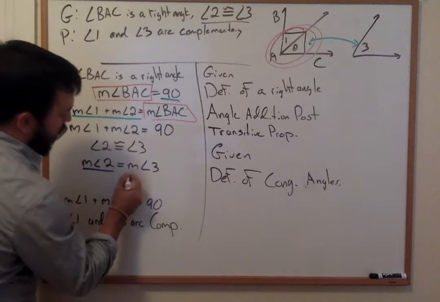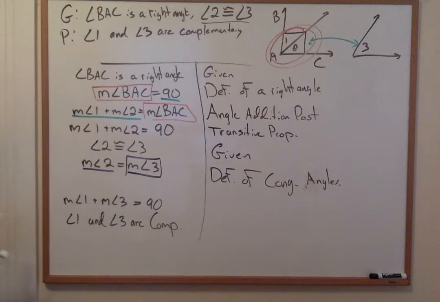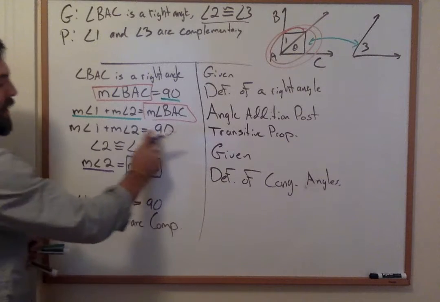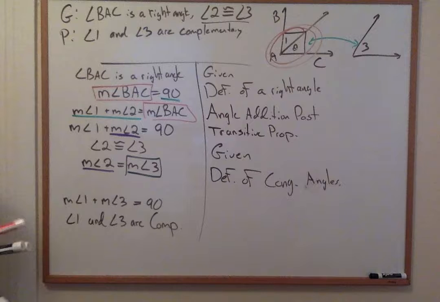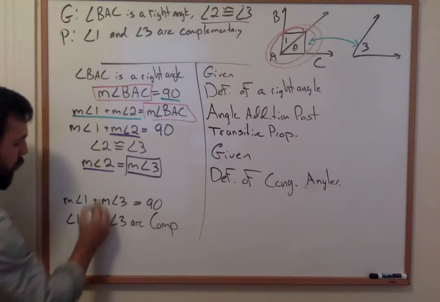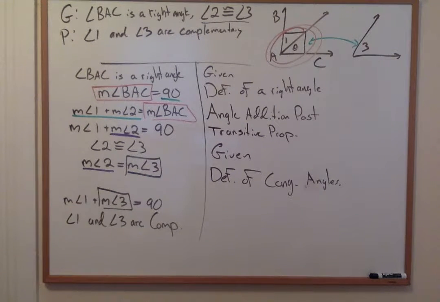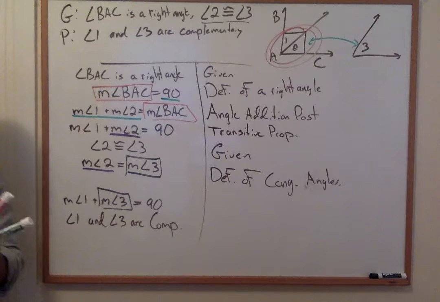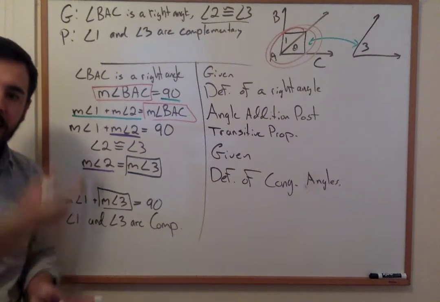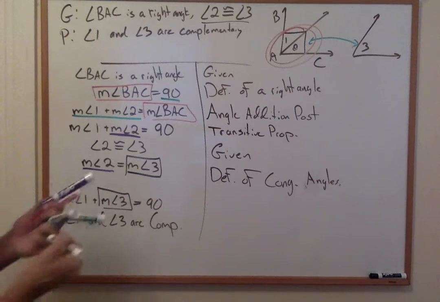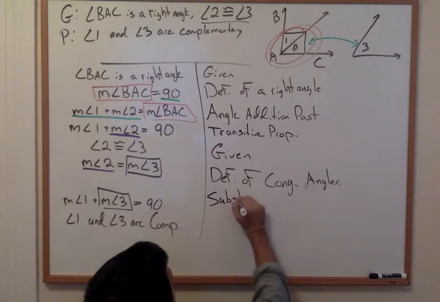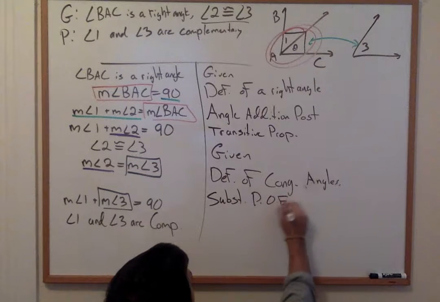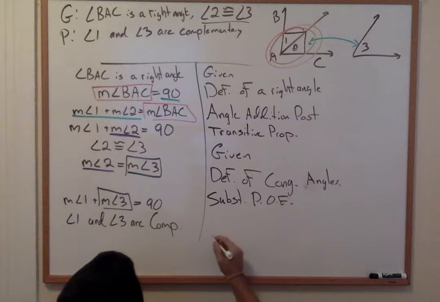Because we know that now 1 and 3 are congruent, I can take that equation that I wrote before that included angle 2, and I can replace angle 2 with angle 3. Now I'm replacing a single term within the equation. I am using the substitution property of equality.